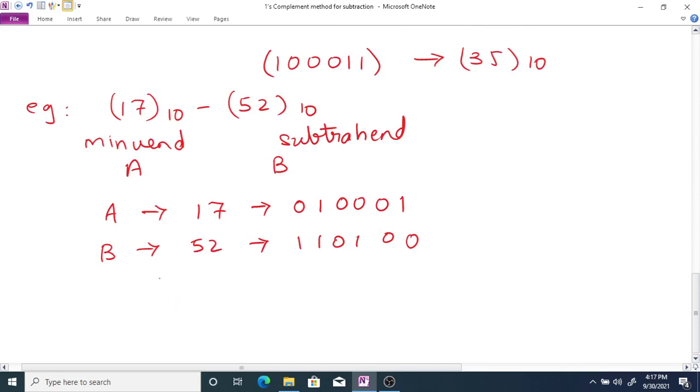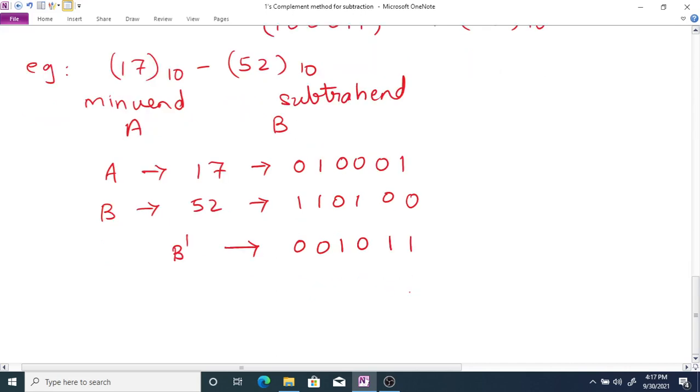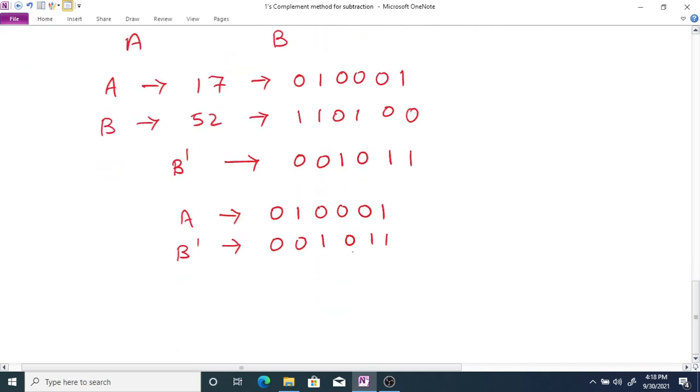Now we will find B dash, that is 1's complement of 52. Here we will get 001011. We add this B dash with A, 010001. B dash is 001011. When we add this, we get 011100.